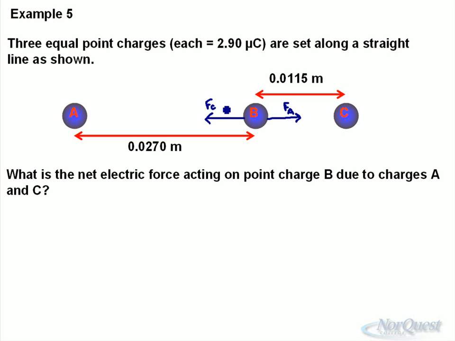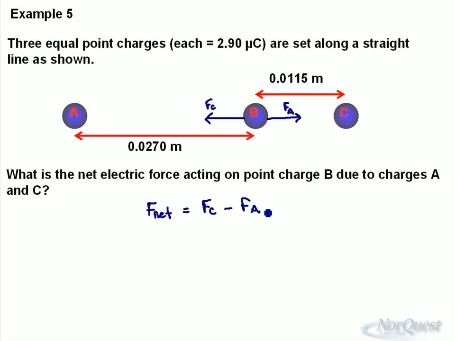So to find the net force, because they're in opposite directions, the net force should be the force from C subtract the force from A. I know C will be a bigger force because it's closer, and the fact that they're all equal sizes.